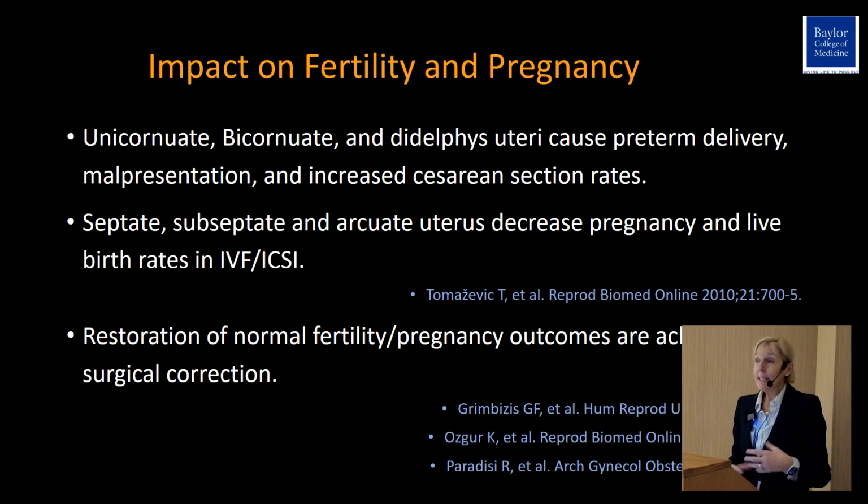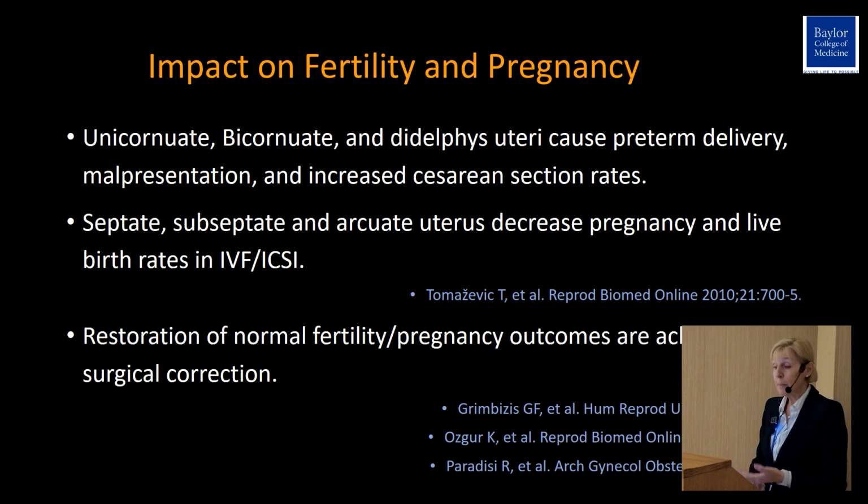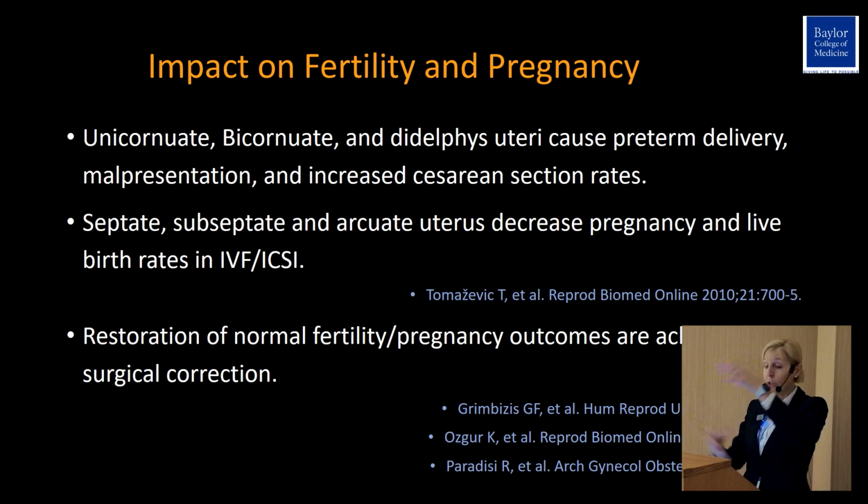So what is the impact on fertility and pregnancy of these conditions? Well, the unicornuate, bicornuate, and didelphus uteri can cause a preterm delivery, malpresentation, because the baby cannot turn effectively if it decides to turn after the first trimester.